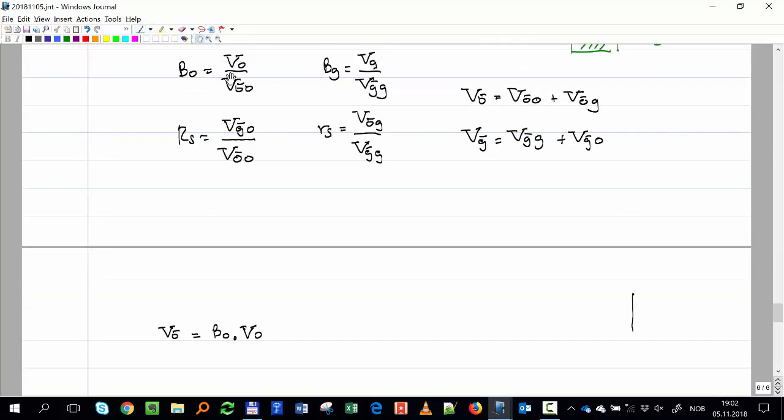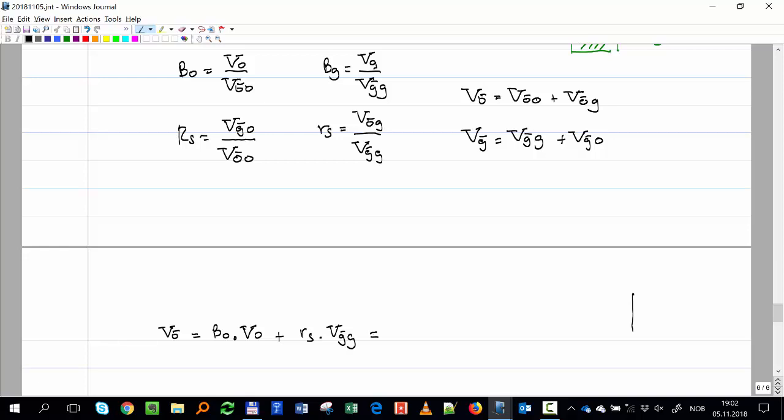This term I'm using to express that because I want to have it in terms of local rate. Plus, how can I express the oil that comes from gas? Yes, small rs times the gas from gas.